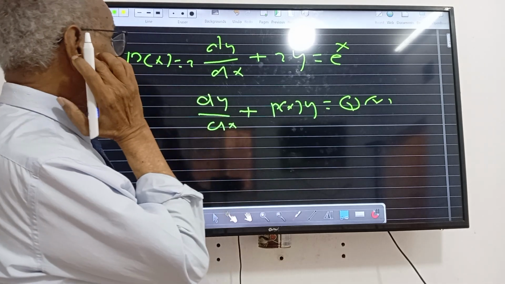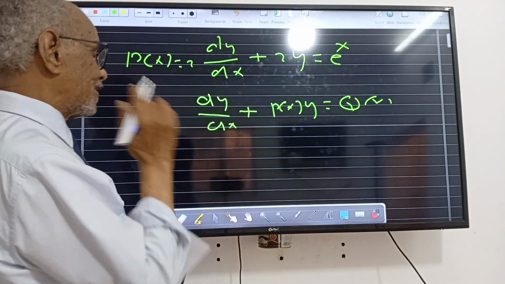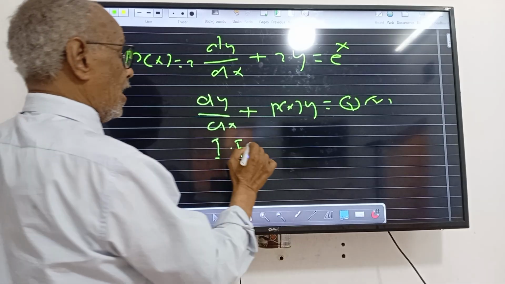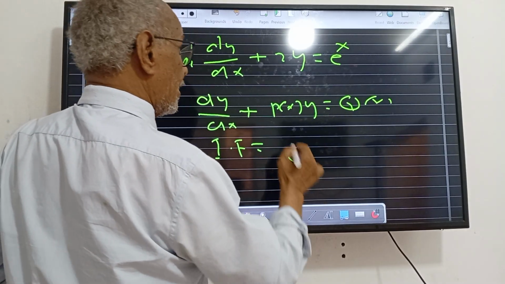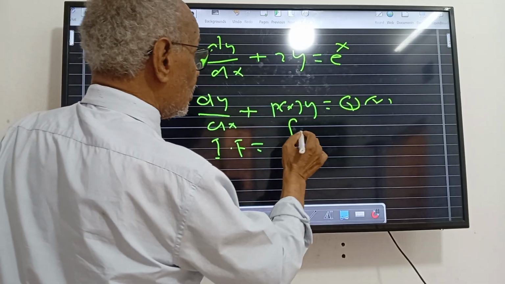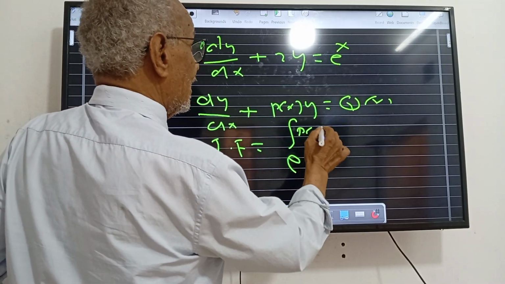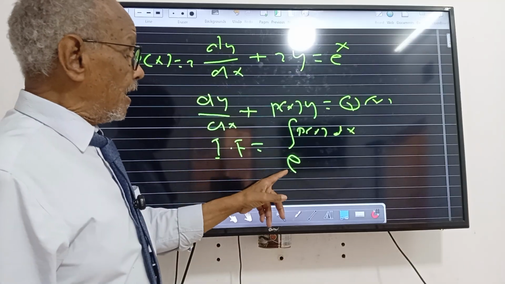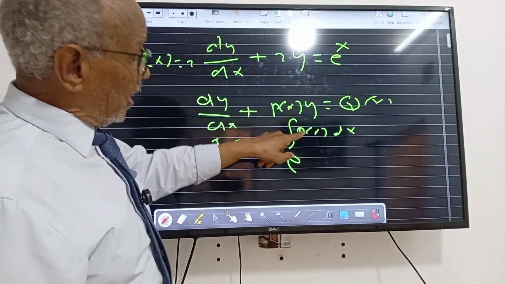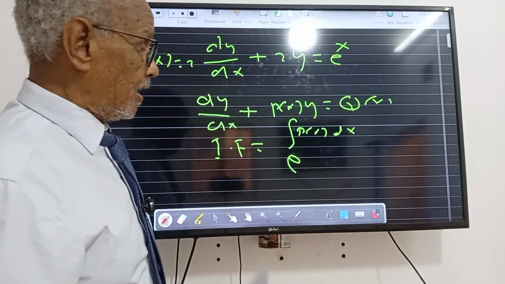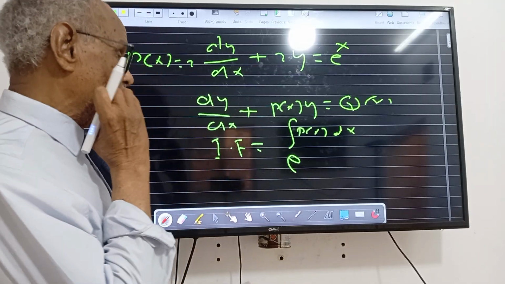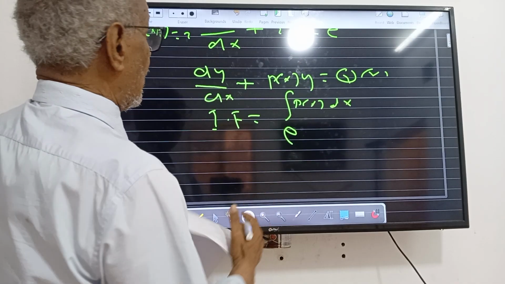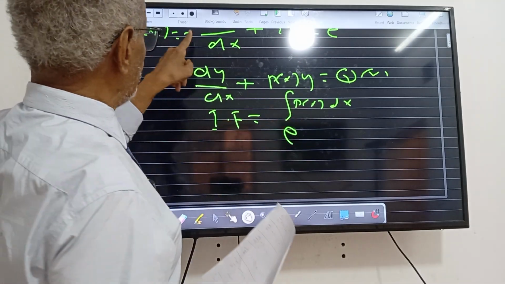Now we have to find the integrating factor. The integrating factor equals e raised to the power of the integration of p of x with respect to x. So here, instead of p of x, we put 2.